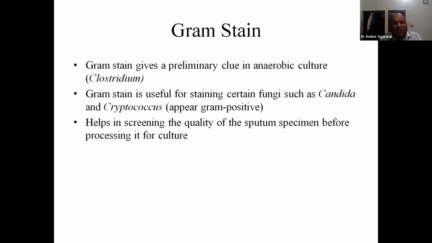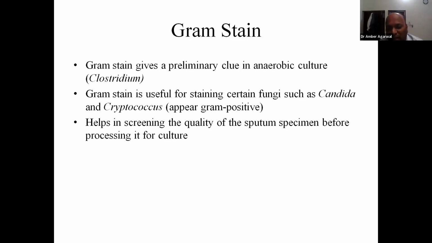The most important utility of gram stain on clinical specimens is screening the quality of a sputum. Most labs will always get a lot of sputum for culture. So there are some criteria when you do a sputum culture. Before that, a gram stain should be performed to look for adequacy.